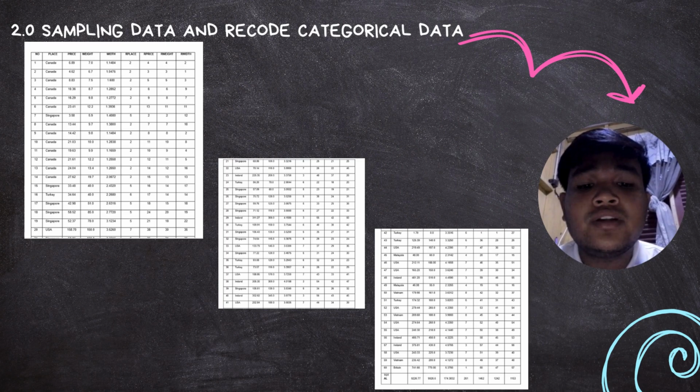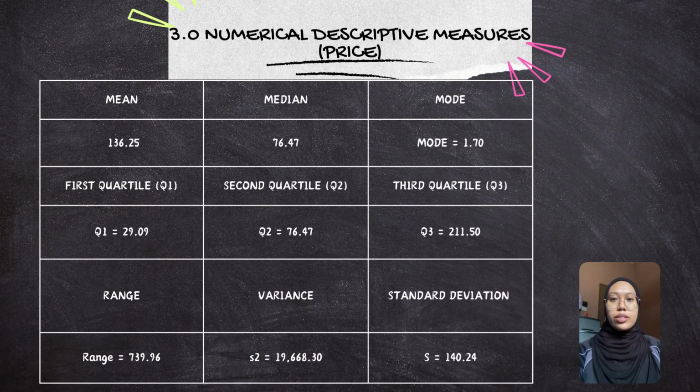For the final total record price is 1,462. For record weight is 1,242, and for record width one is 1,153.